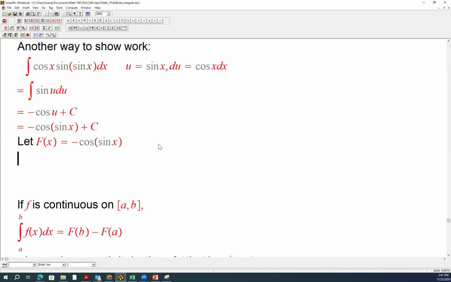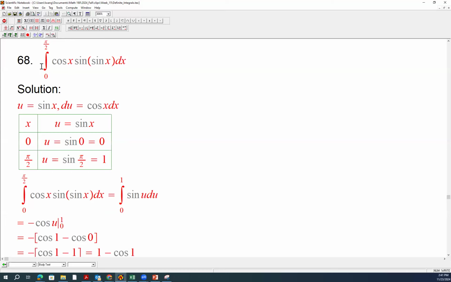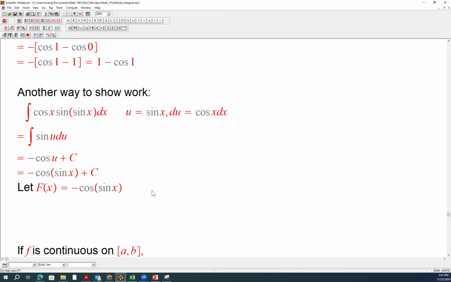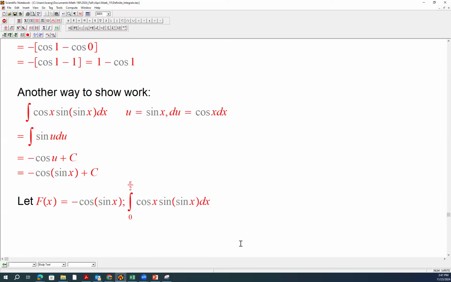Okay? So this is the definite integral we want to work with. Capital F of pi over 2 equals, just put this in.